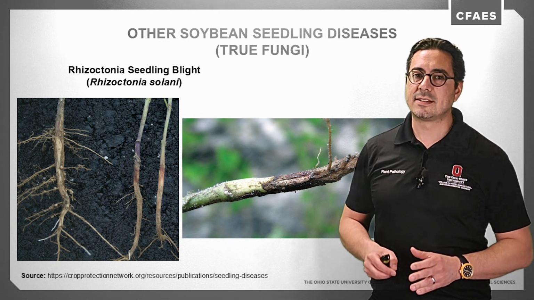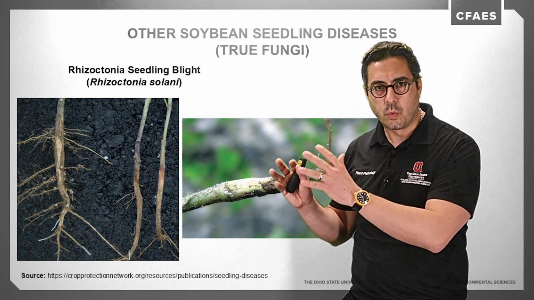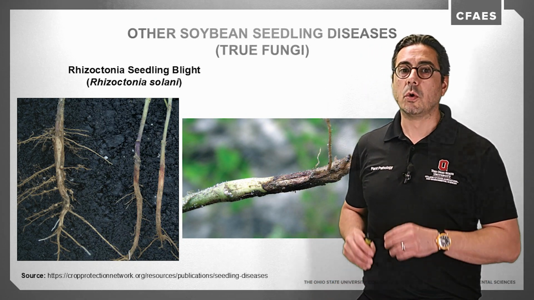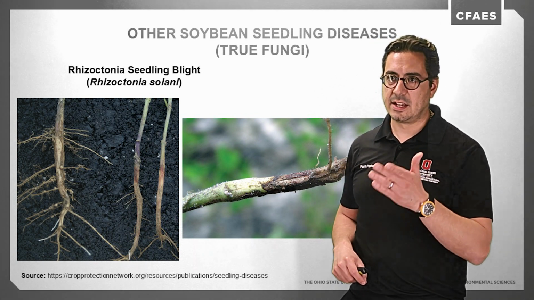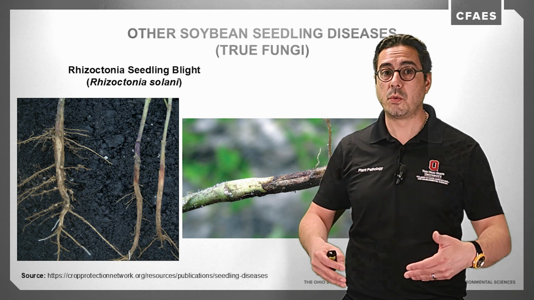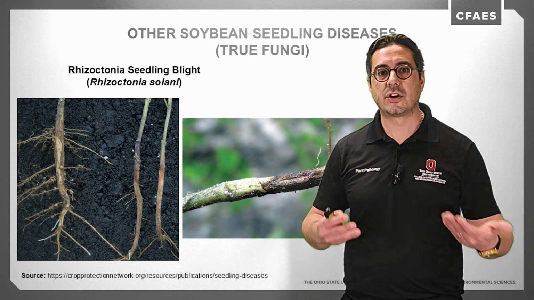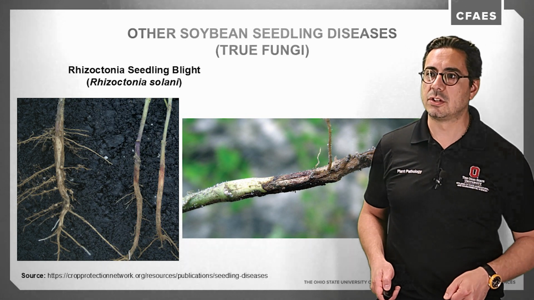The active ingredients that work really well to manage Phytophthora and Pythium, those water mold organisms, will not do a really good job managing the true fungi such as Fusarium and Rhizoctonia. And we may have both of them in the field, so we need to think about a mixture of active ingredients that can target both of those pathogens.